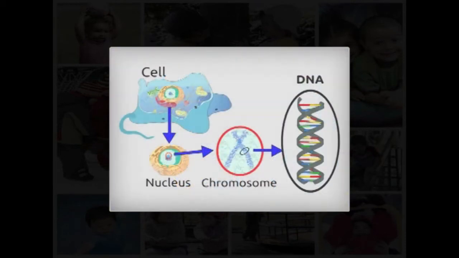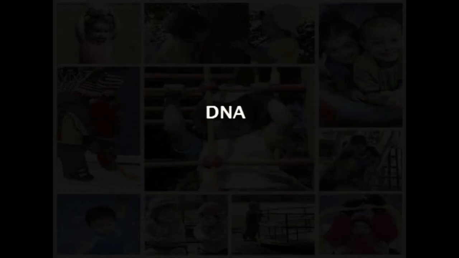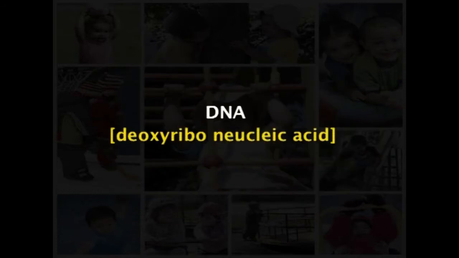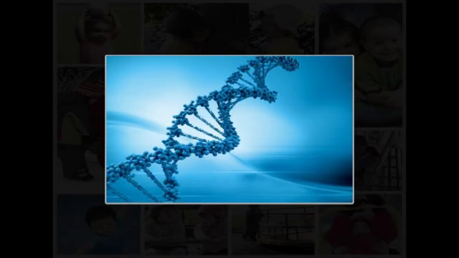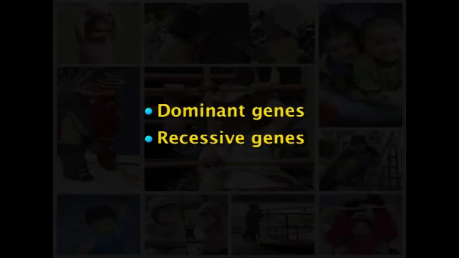These genes are made up of a substance called DNA. DNA means deoxyribonucleic acid. It is a long ladder-like chemical molecule that is made up of small molecules. The order of these small molecules or organic bases acts as a code for genetic information. Again, we have two types of genes, dominant and recessive.